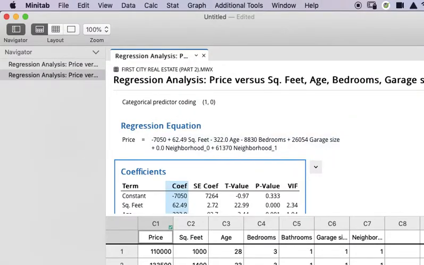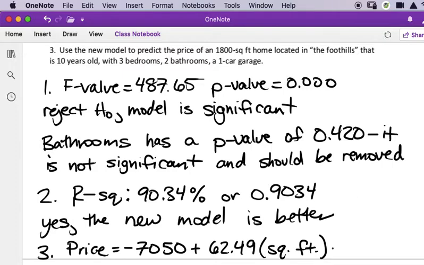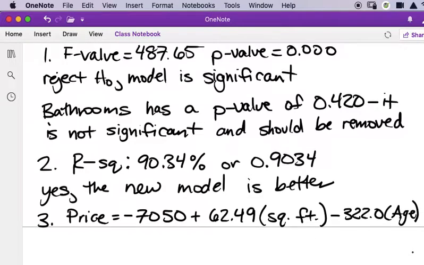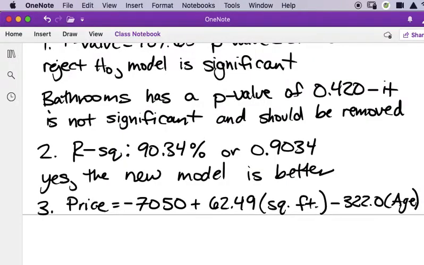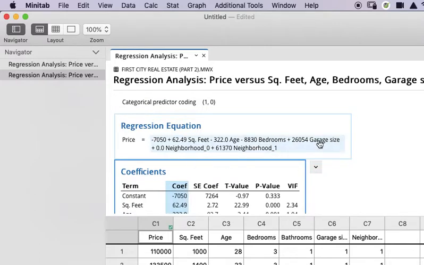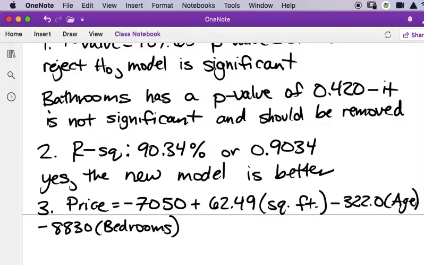Minus 322.0 times age. Minus 8830 times number of bedrooms. Plus 26,054 times garage size.